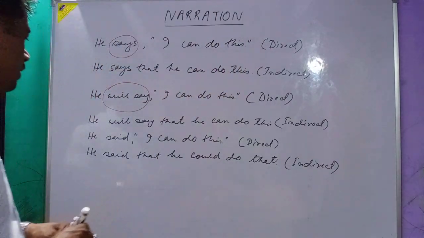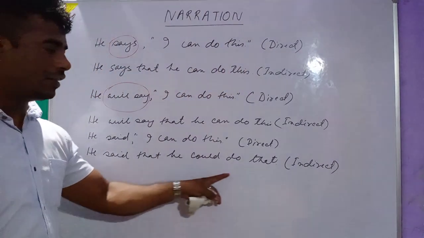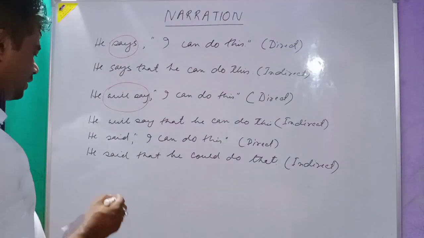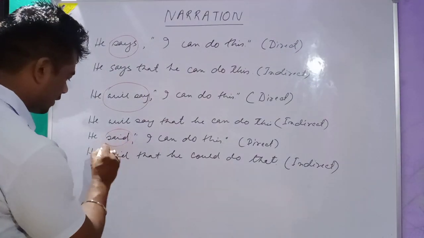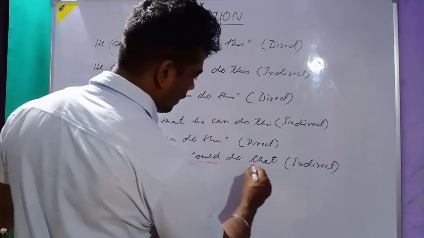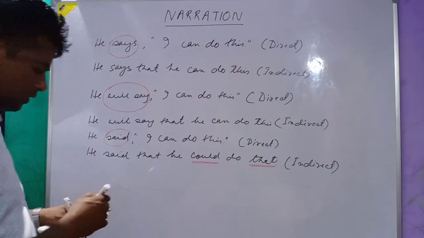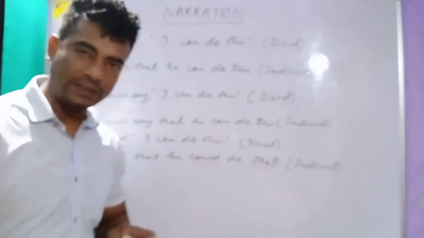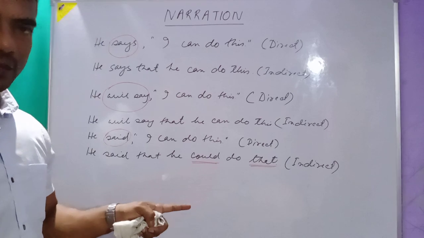He said that he could do that. Some changes have taken place here. Because it is in said, it has become could and this has become that. As I have already told you, when the reporting speech is in past tense, these changes take place.